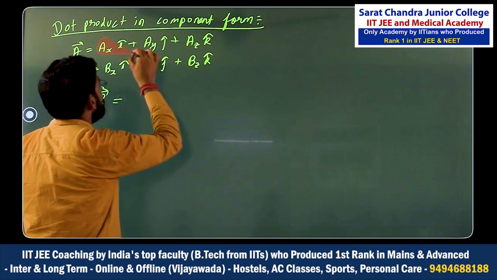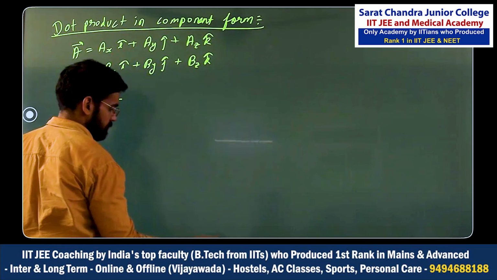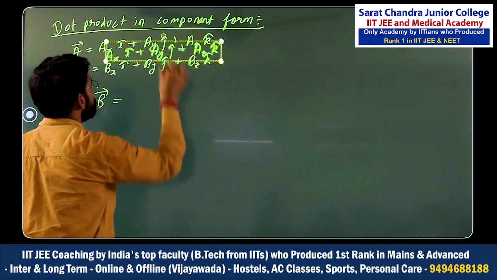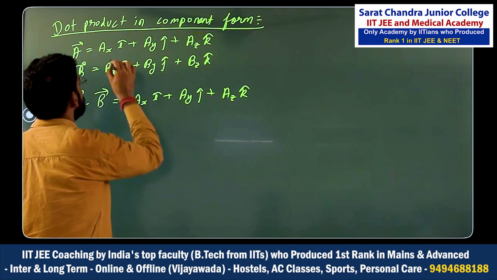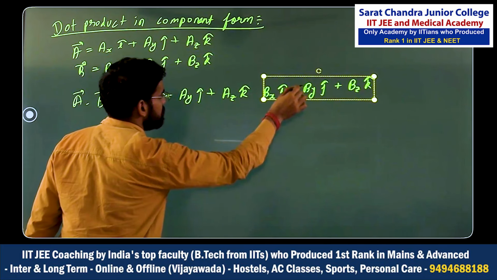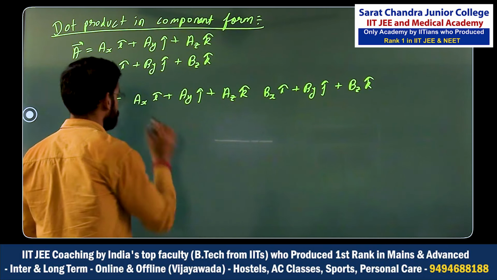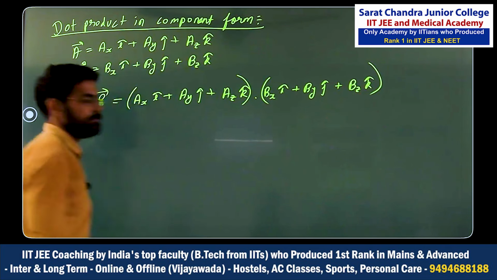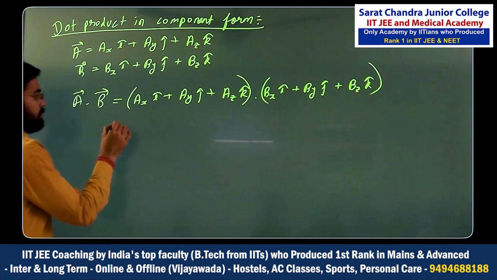So let's write it down like a product. Here A vector and after that B vector, dot product.